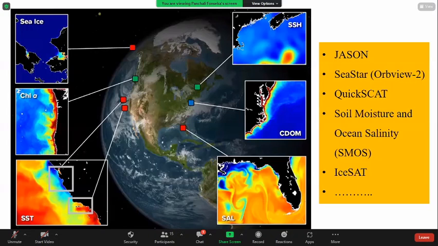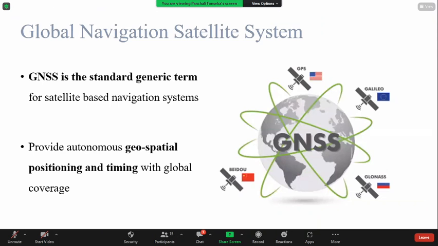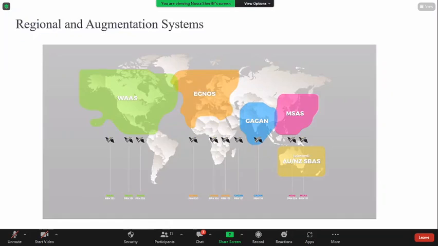You can use them to model the scenarios happening very well. So, as the Earth observation or remote sensing, GNSS is another geospatial technology, which is commonly used.